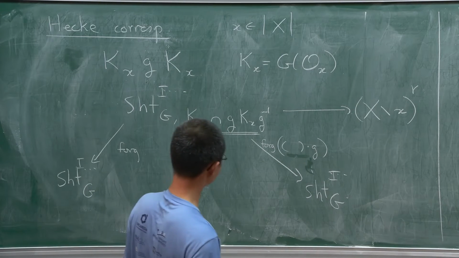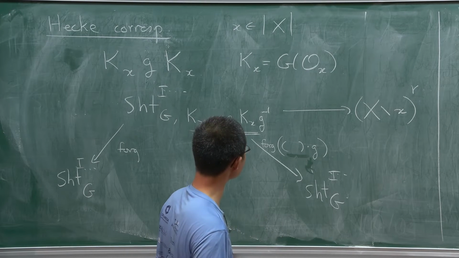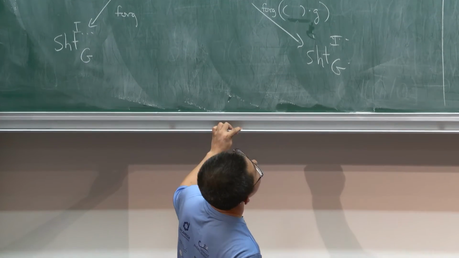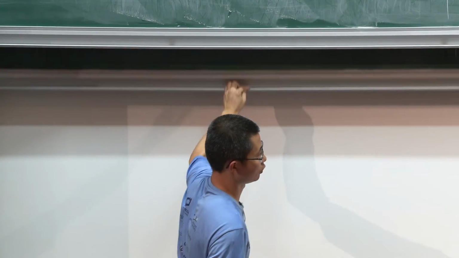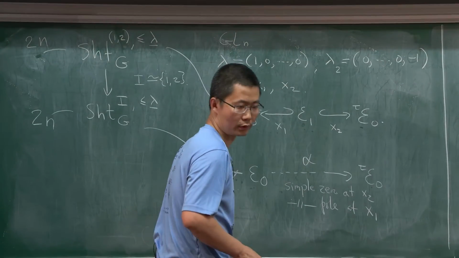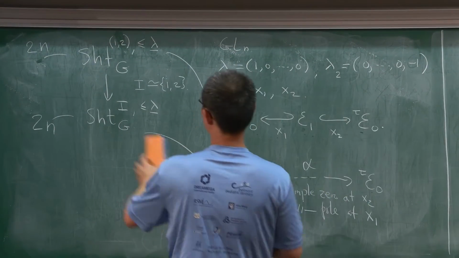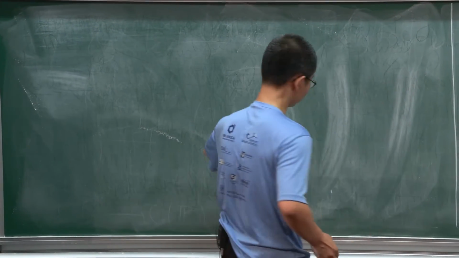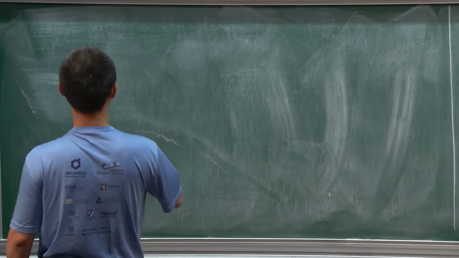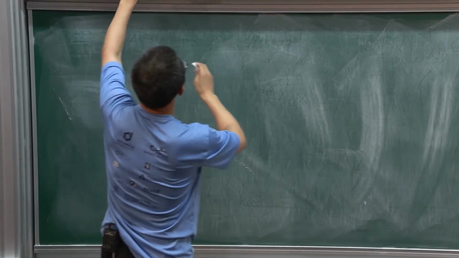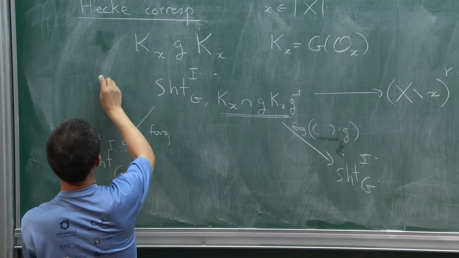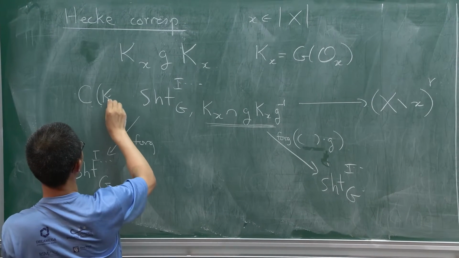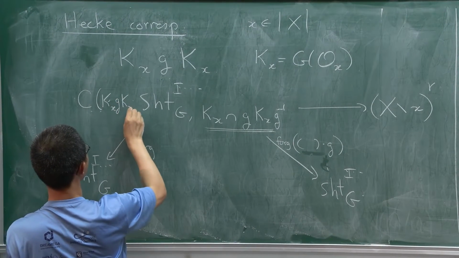We can postpone the detail for later. But what we need to know is the nature of this correspondence. Let's just give it a shorter name, just some correspondence, K_X, g, K_X.